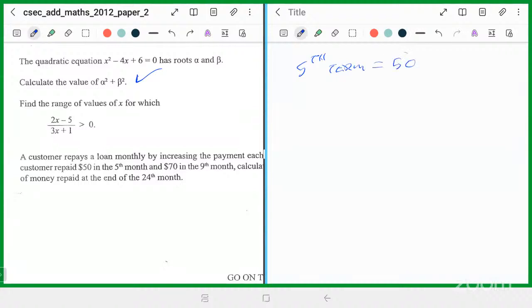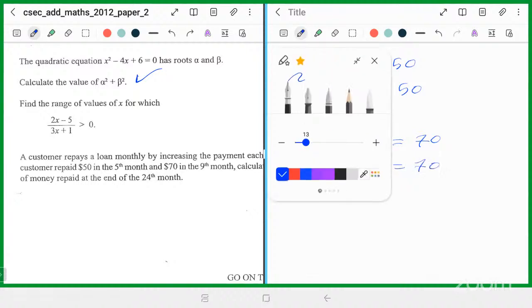The fifth term is a plus 4d. And it is $70 in the ninth month, which means the ninth term is $70. The ninth term is a plus 8d.